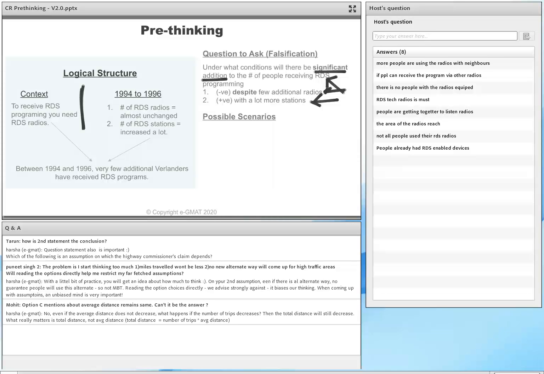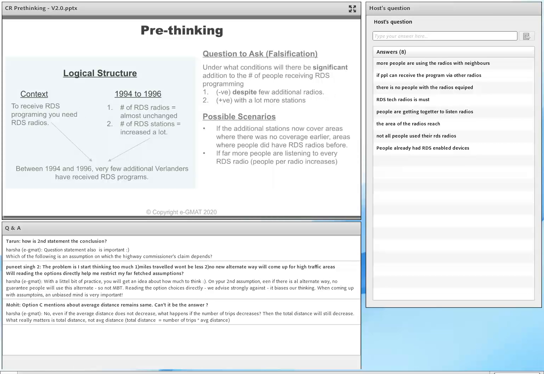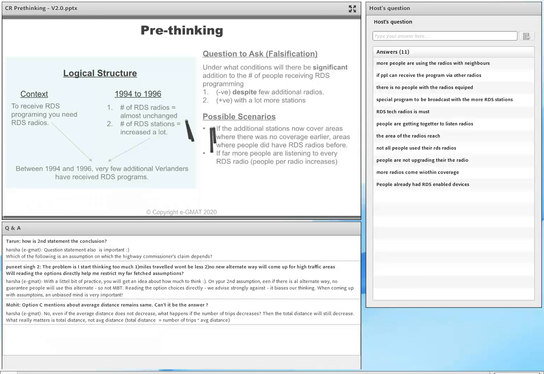Okay. If more people are using radios with neighbors, yes, if people per radio go up or if we increase the coverage. So the possible scenarios in which you break the conclusion are if these new radio stations are put in places where people had the right radio, but there was no coverage earlier.